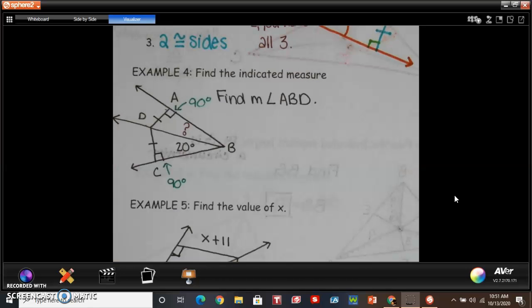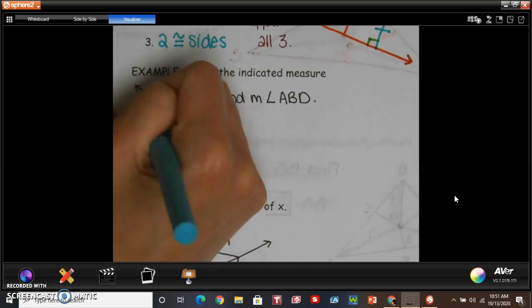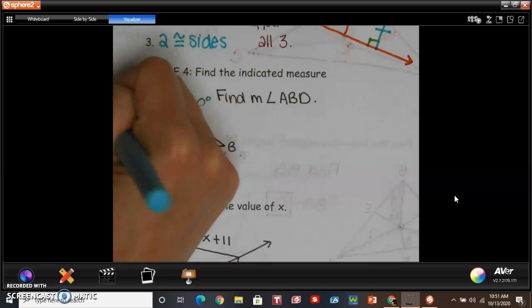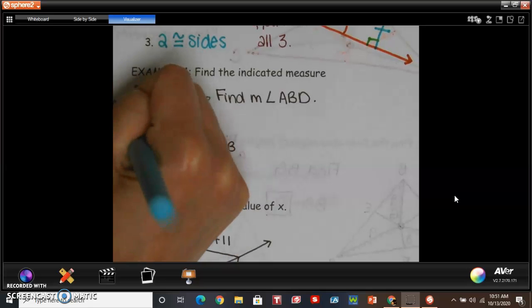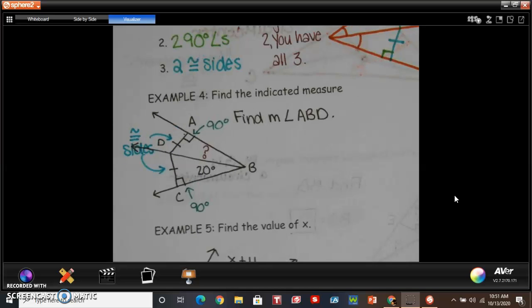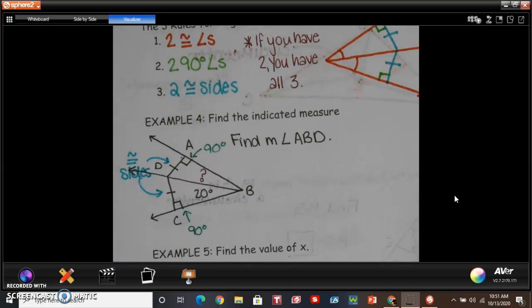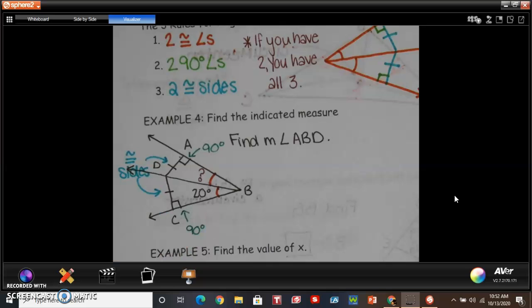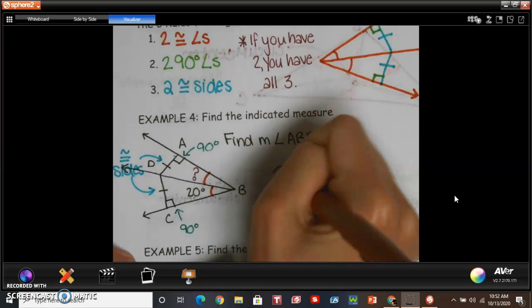I also notice I have congruent sides. I like that too. Because remember, if I have 2 of them, I have all 3, which means I have 2 congruent angles. That means these angles right here are the same. So if this one's 20 degrees, our question mark is also 20 degrees.